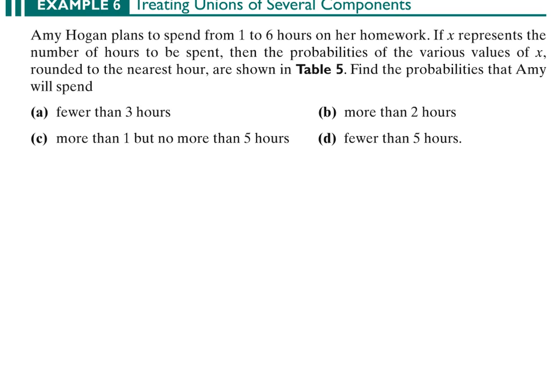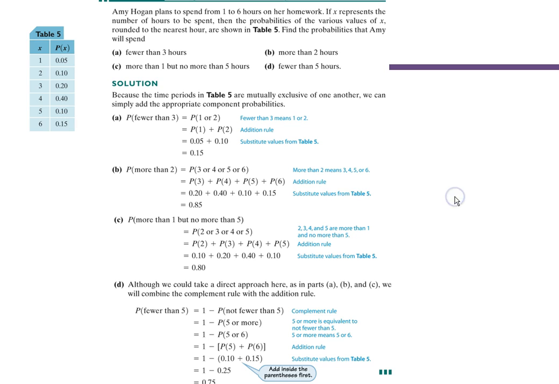Now, for this one, again, they're treating union of several components. Now, we didn't have one like this in our PowerPoint slides, so we're going to look at the chart and the table they give us here. So there is Table 5 from our text, and these are the time and the probability that you would spend studying.